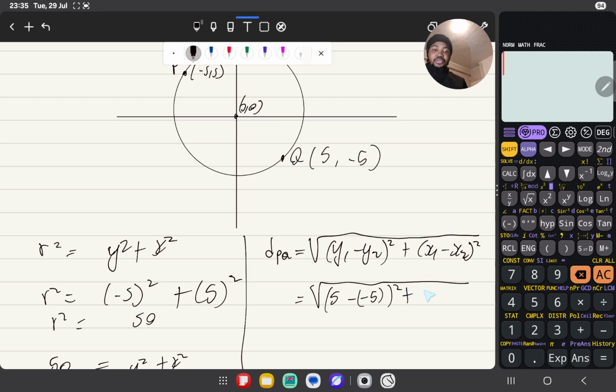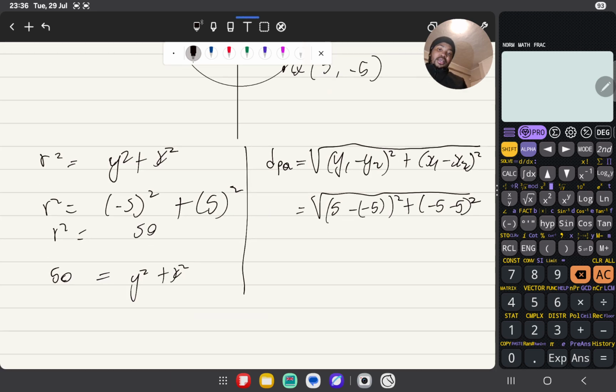So P is here, and for Q we have minus 5. And then I'm going to have minus 5 squared. So it's -5 minus 5, that's x1 minus x2. And that means this is going to be plus, so 5 plus 5, that is 10.